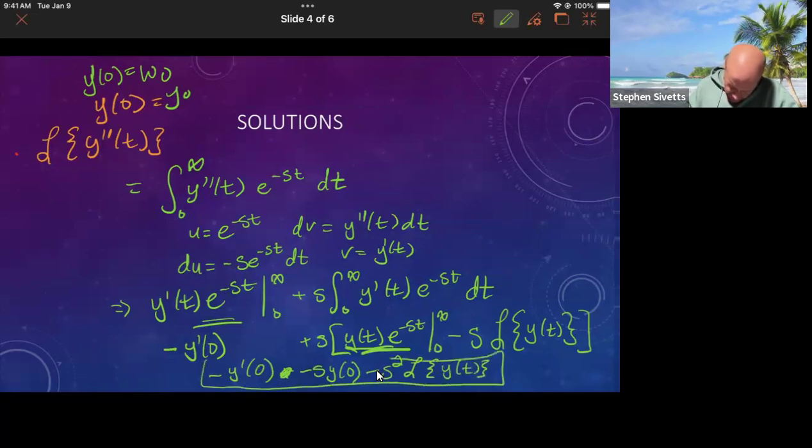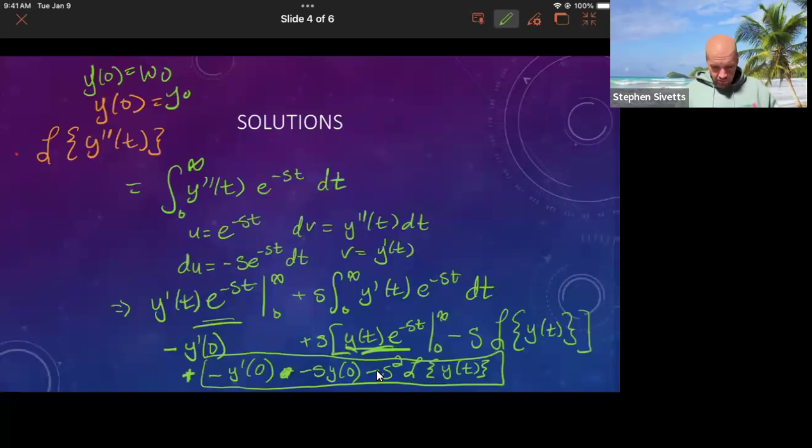Pretty straightforward, right? So that's the Laplace transform for a second derivative of a function.